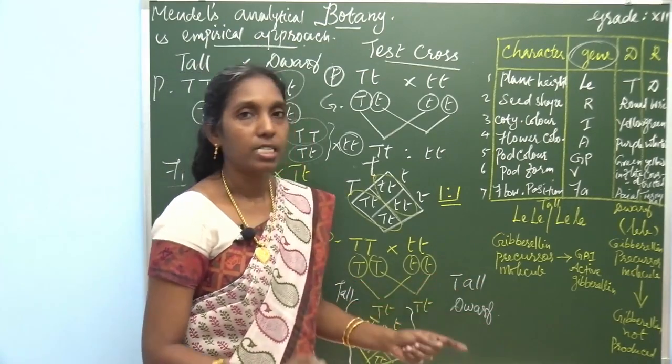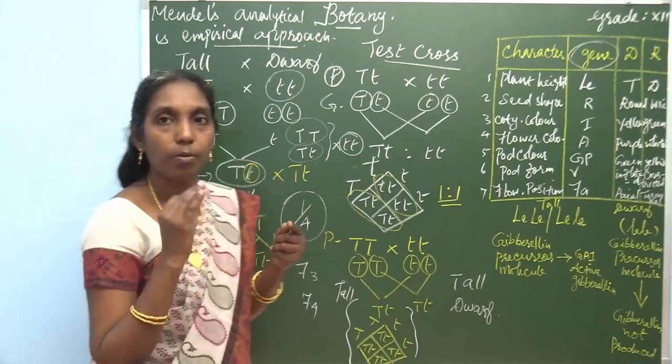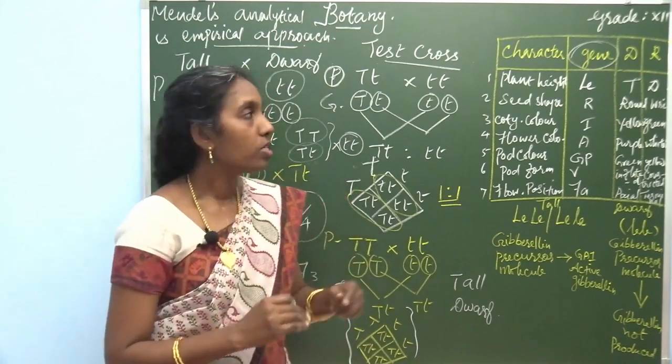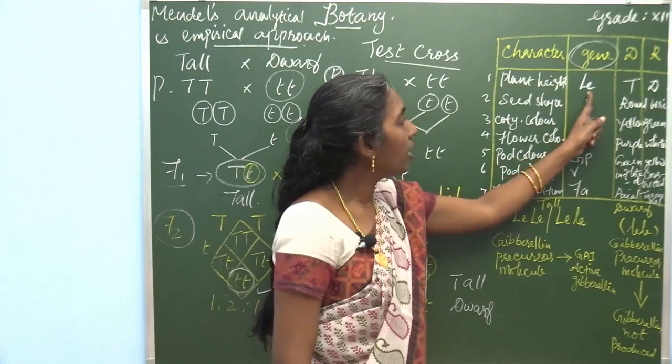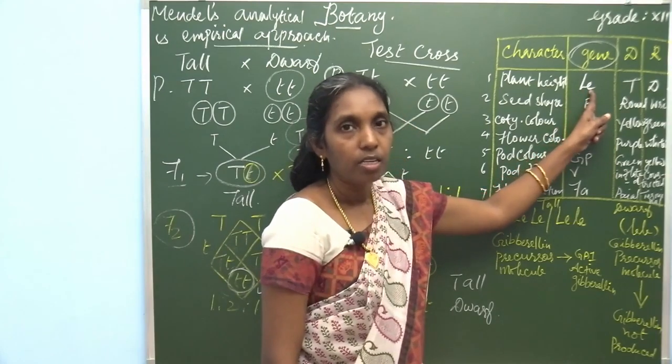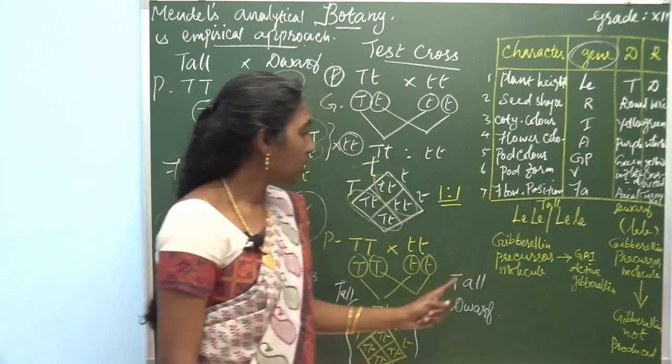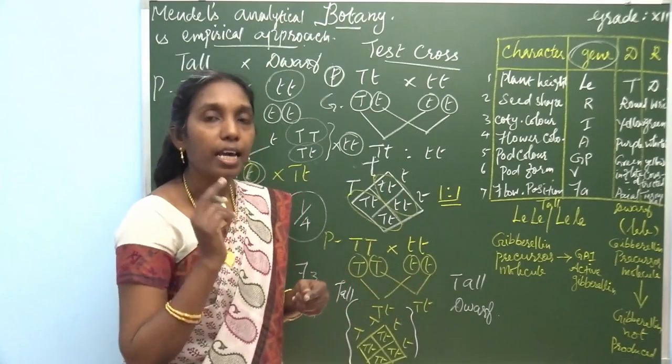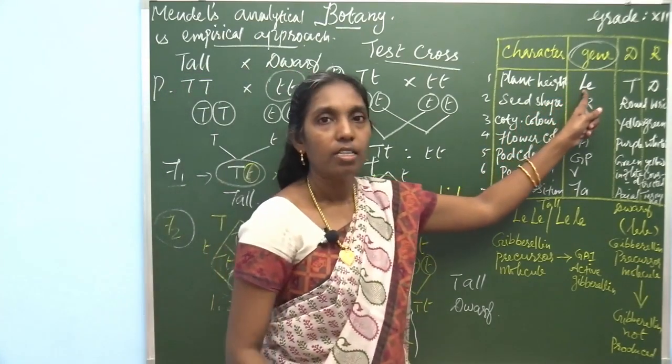This tall plant, that is the capital T plant, encodes the gene capital L small e. The gene which is present in the tall plant is capital L small e, that is LE.